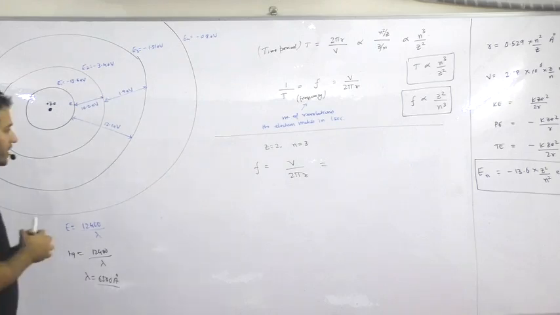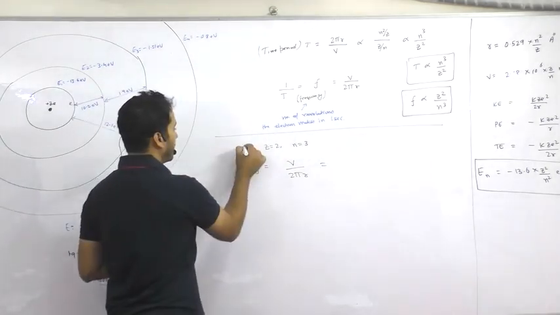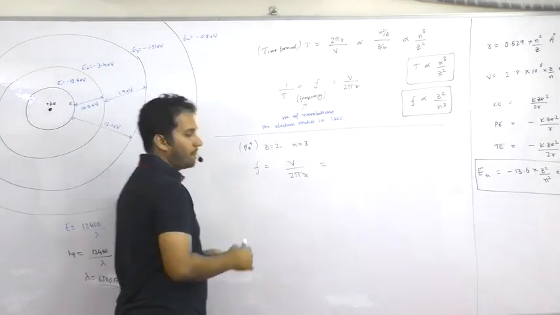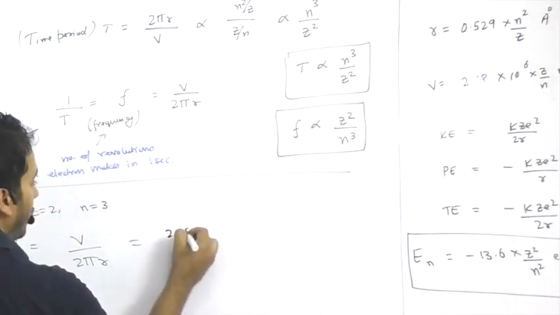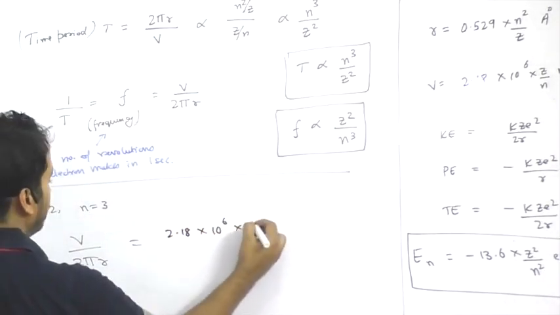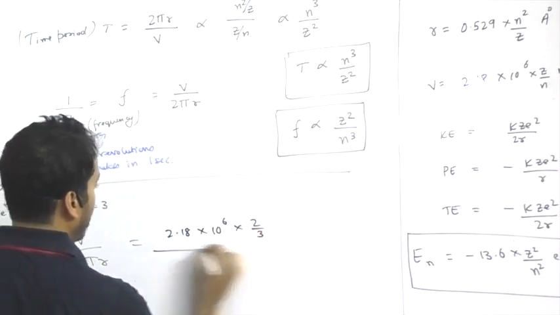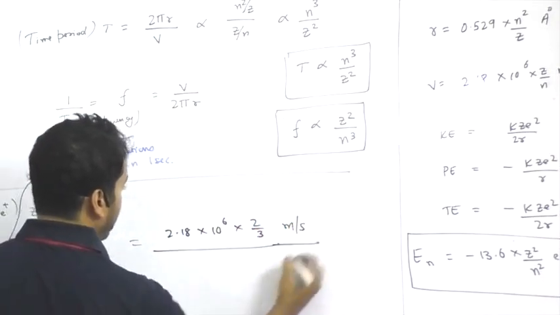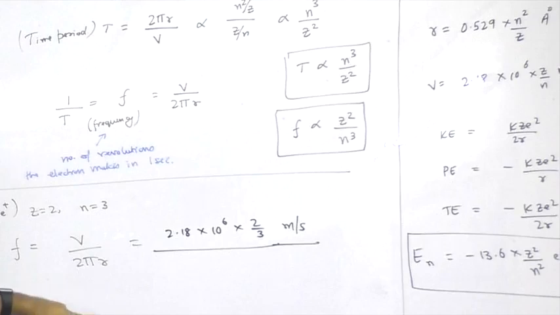Calculate the frequency of an electron in the third orbit of helium plus. The velocity is 2.18 into 10 power 6 into z by n, means 2 by 3, in meters per second. So the denominator, if that is in meters, then the frequency we'll get in hertz.